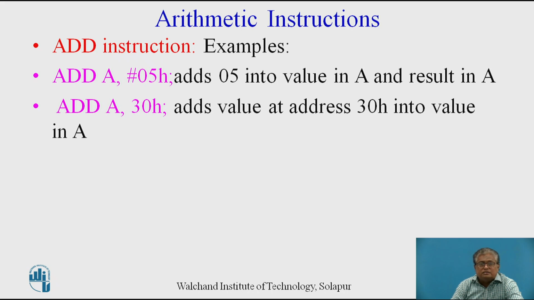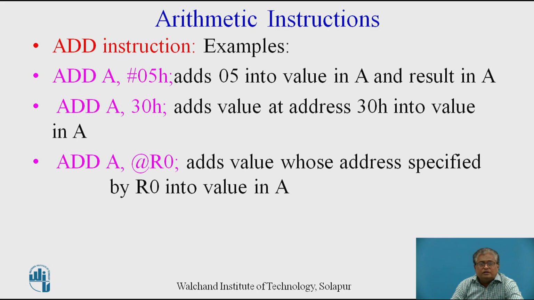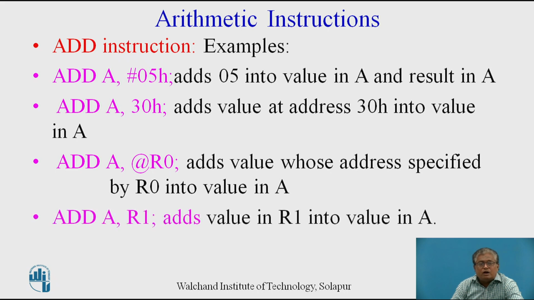So 30 is the address of the data to be added in the register A. It also supports the indirect addressing mode. So R0 register holds the address of the data. ADD A comma R1. So one value is in the register A and the second value is in the register R1.